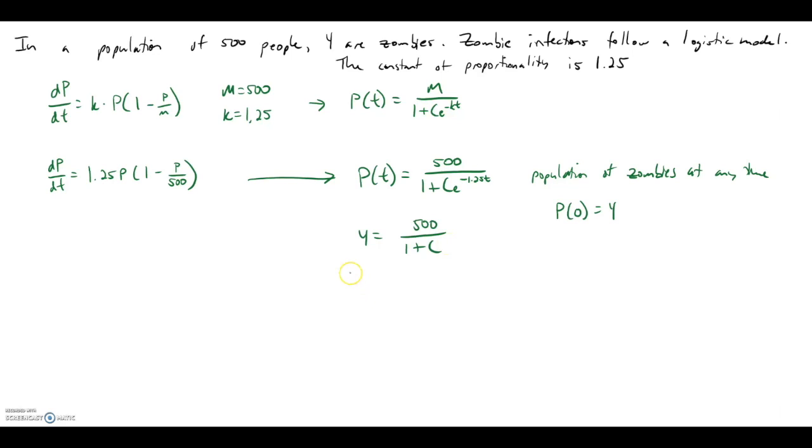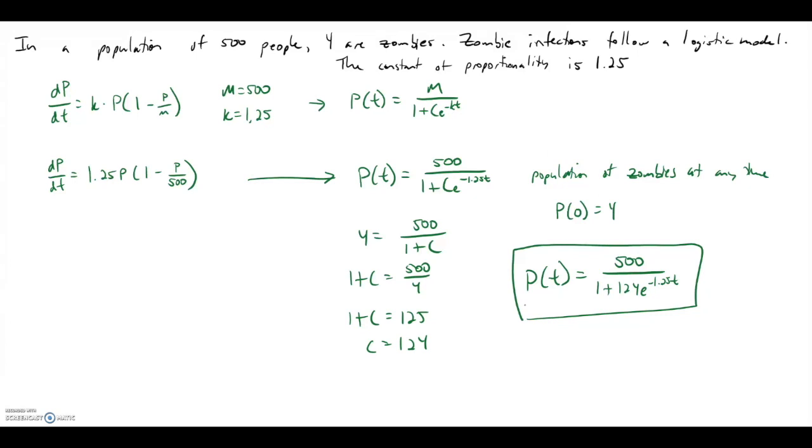Swapping the denominator for the expression on the left will yield 1 plus c equals 500 over 4, so that 1 plus c equals 125, and our c value is 124. So our final model to give the population of zombies at any time will be 500 over 1 plus 124 times e to the negative 1.25t.